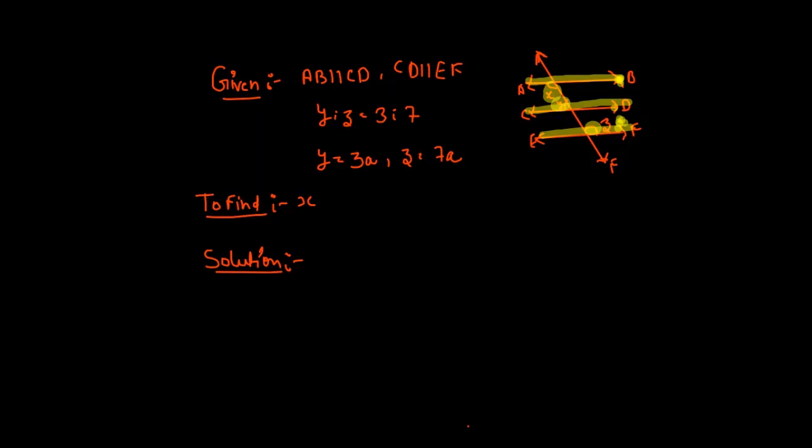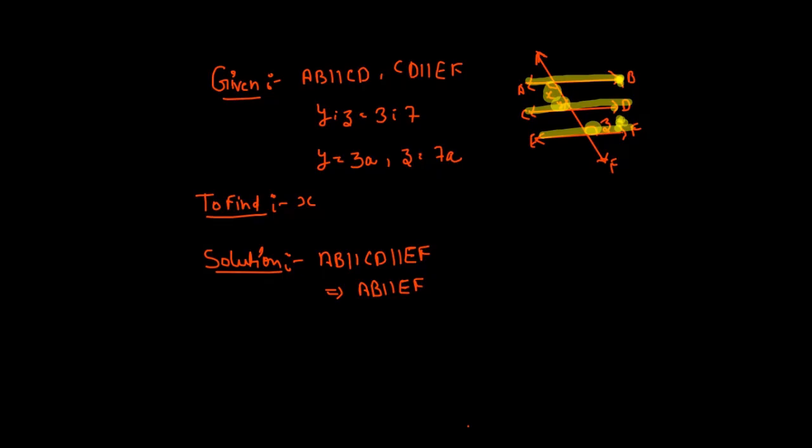Okay, so using this criteria we can write here that as AB parallel to CD and CD parallel to EF, this implies AB is parallel to EF. It means these all three lines are parallel to each other.